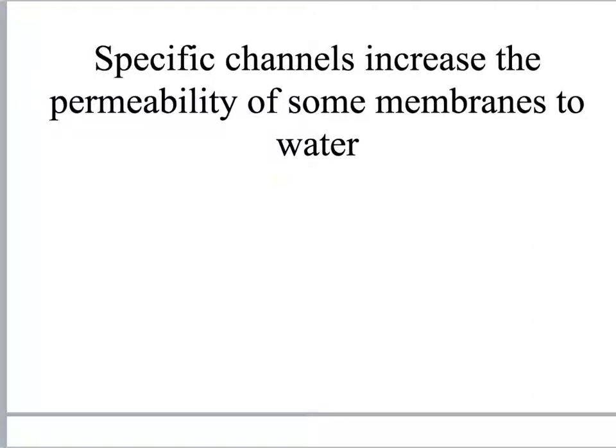Okay, so we've talked about voltage and ligand-gated channels, and we've talked about gap junctions. And all of these are going to move ions and other molecules across membranes. We do have one additional special class that allows the movement of molecules across, and these are referred to as aquaporins. Aquaporins are going to increase the rate at which water moves across the membrane.